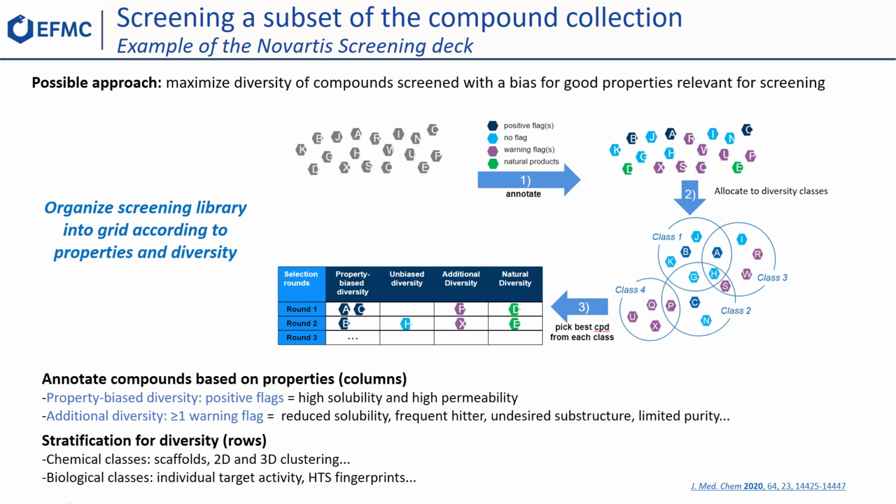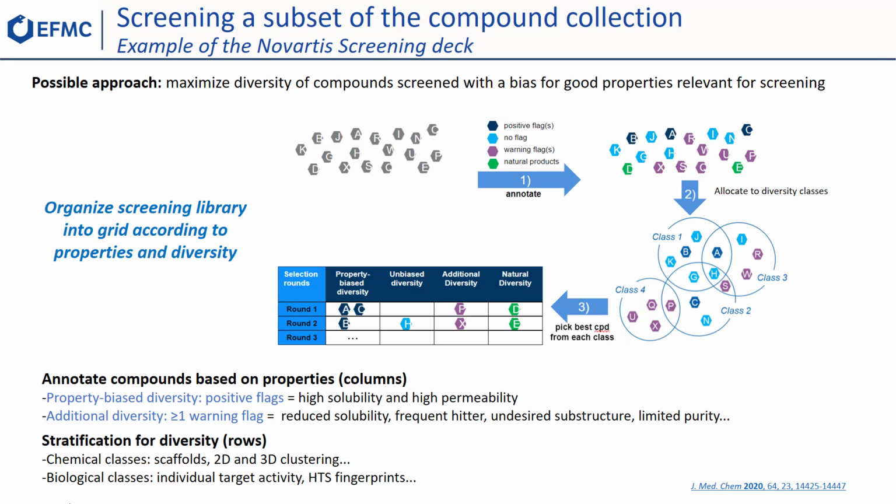So institutions have approached this differently, and we would like to share the example of the Novartis screening deck, which has been published in 2020. So here, the approach is to maximize the diversity of the compounds that are screened with a bias for properties that are favorable for screening. So you organize your screening library into grids according to properties and diversity. And the process is explained in this cartoon here.